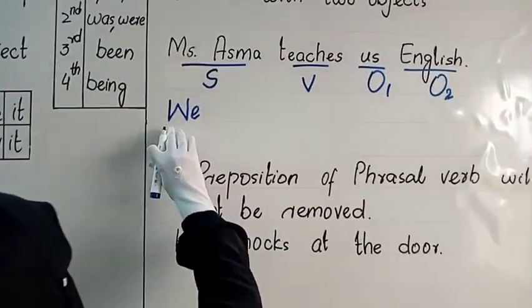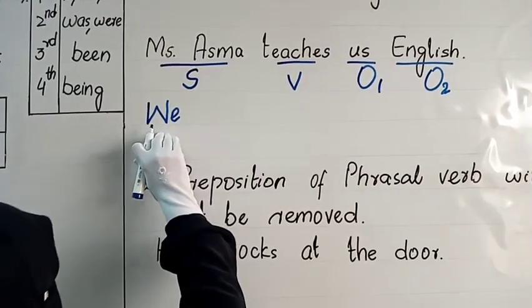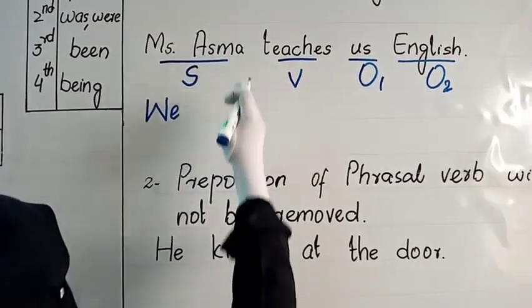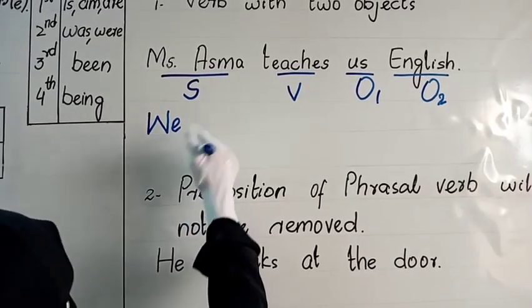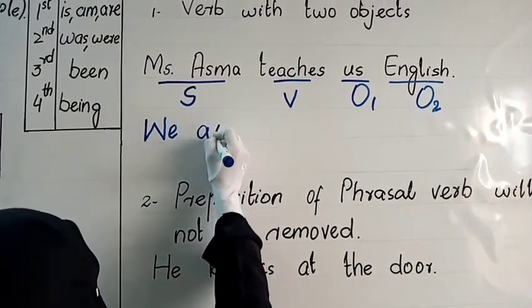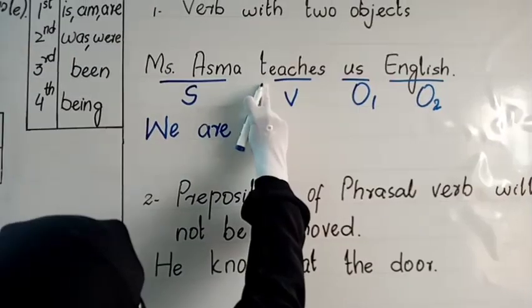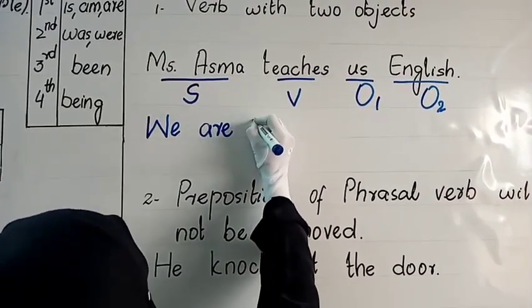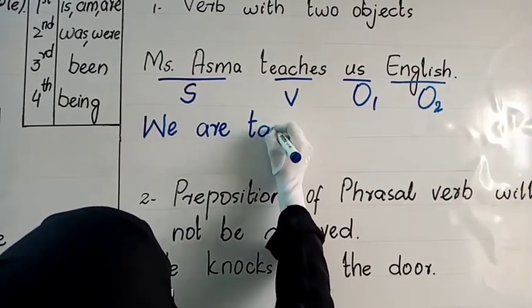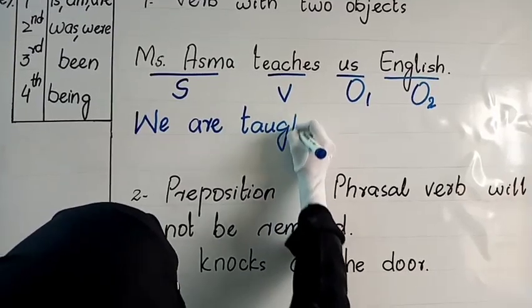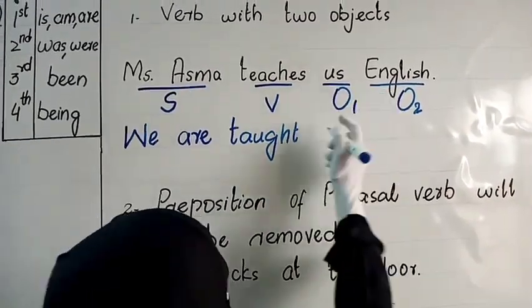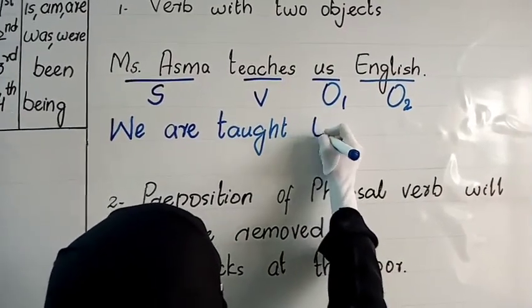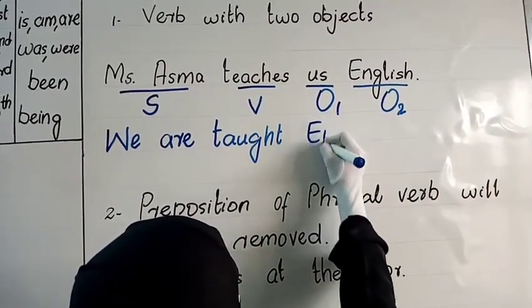So according to the new subject and tense, what helping verb, what be verb should be here? Are. Okay. So we are, now the V3 of teaches, we are taught. Okay. We are taught.